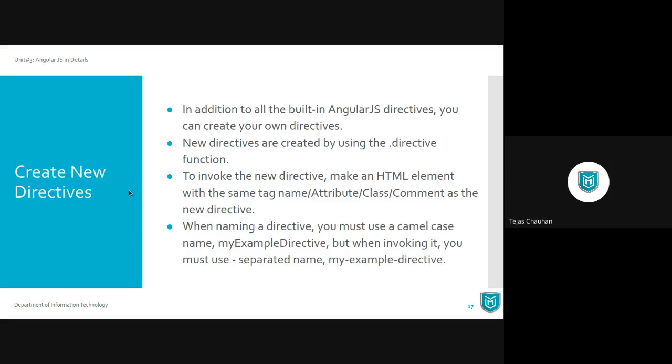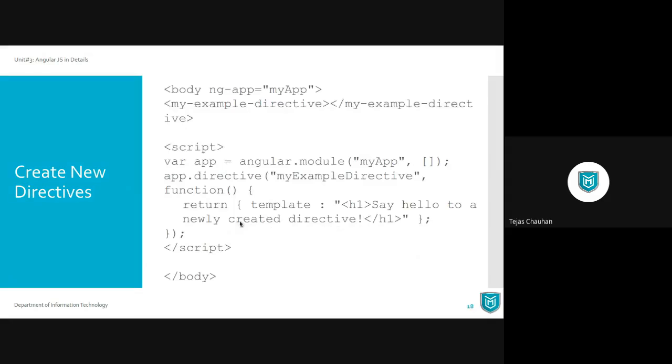So it's very simple. We can use the directive method of the Angular application object. Whatever your app object is, you use the directive method and you give it a name. Make sure that this is a camel case version, and then you populate a function which returns the template of your view part.